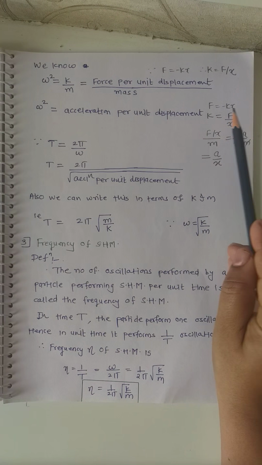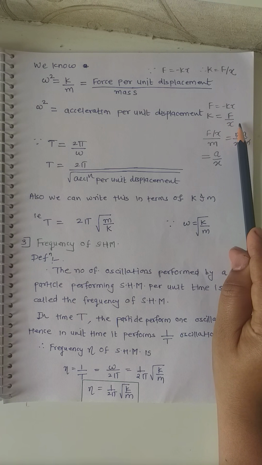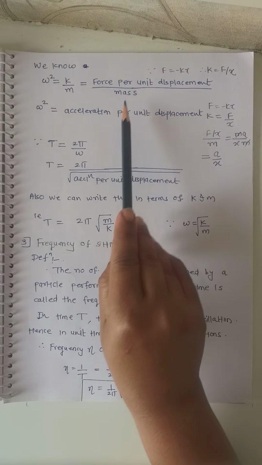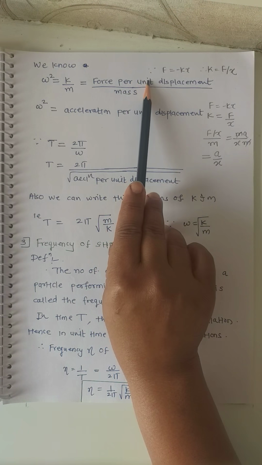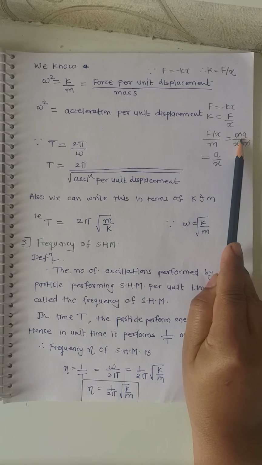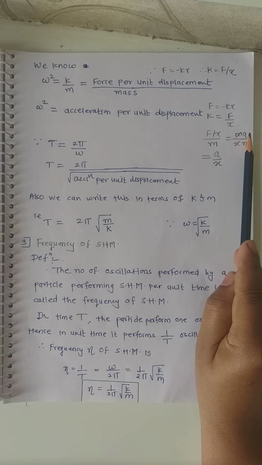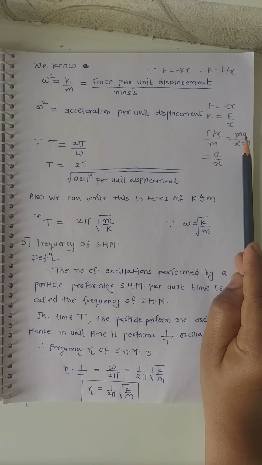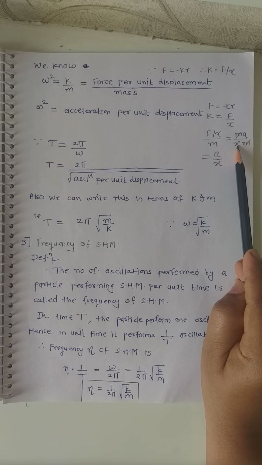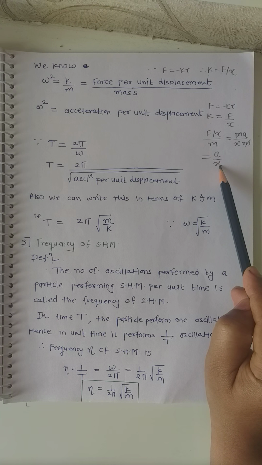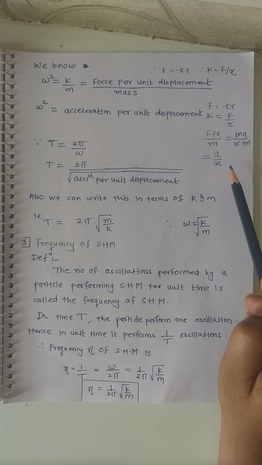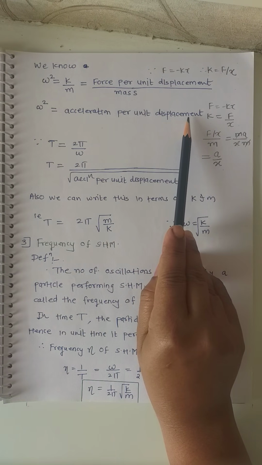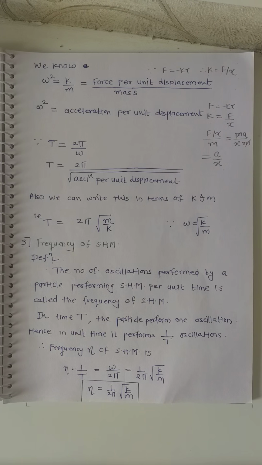See here, k is equal to f upon x. So we put f by x upon m, and force is mass into acceleration, so x into m, m will get cancelled, and we get acceleration upon x, that is acceleration per unit displacement. So omega square is acceleration per unit displacement.